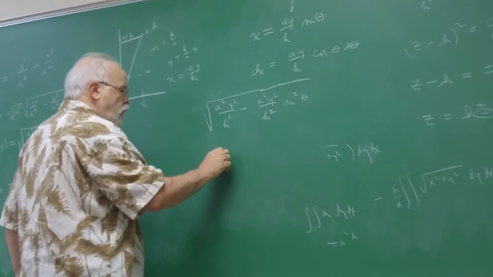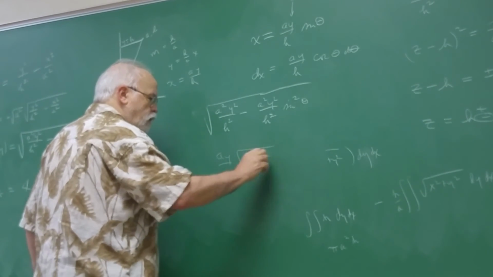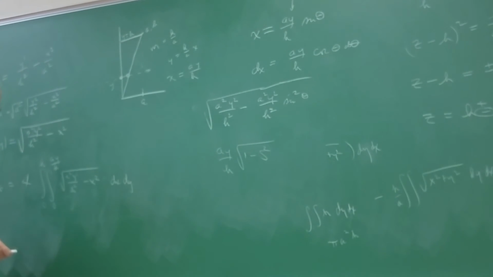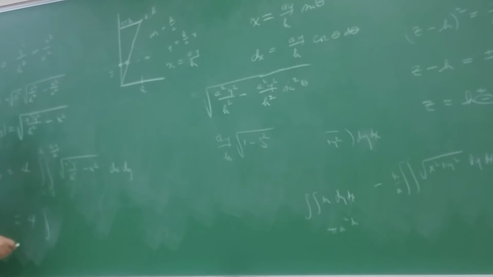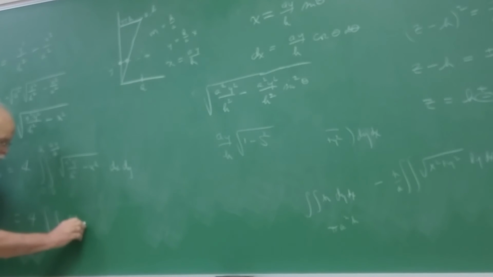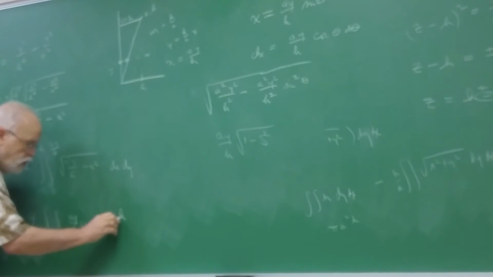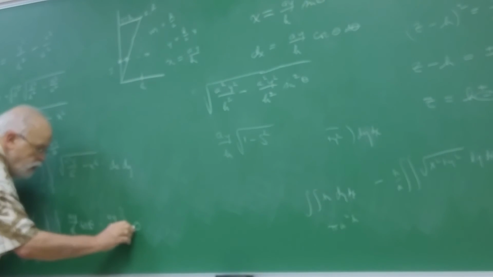I'll have ay over h times the square root of 1 minus sine squared. So this thing comes out 4 times the integral of ay over h cosine theta times ay over h cosine theta d theta.